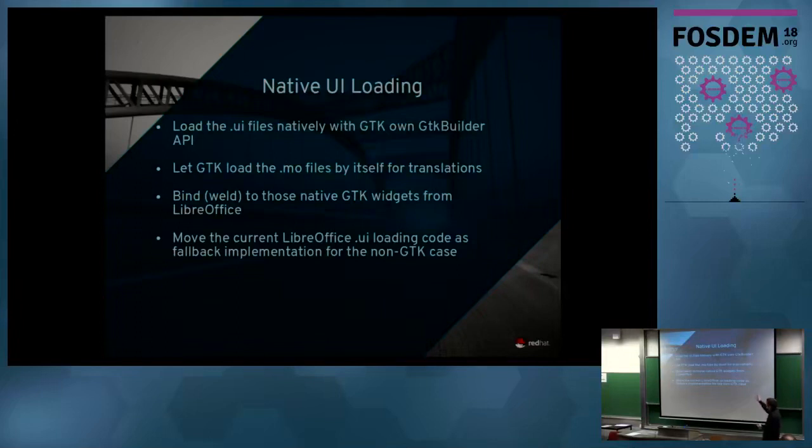And because GTK handles the gettext file format, let GTK load those .mo files, and then come up with a kind of compatibility layer where we would bind to those native GTK widgets rather than using our own VCL widgets, which are basically emulating those GTK widgets at runtime. And then we'd take our entire existing stack that currently works and just keep that as a fallback case for Windows and the other platforms. For the non-GTK case we'd use the fallback, and for the GTK case, we'd use this alternative.